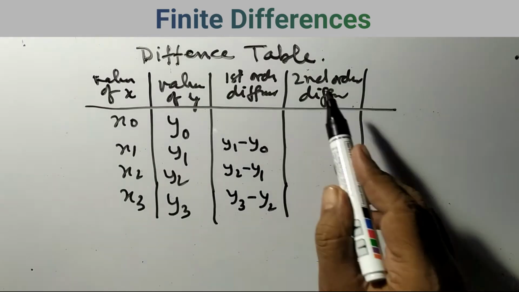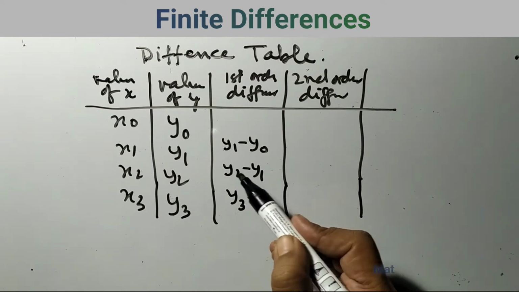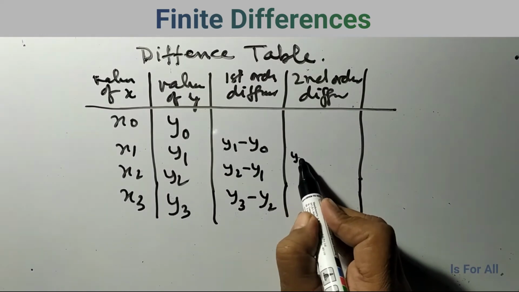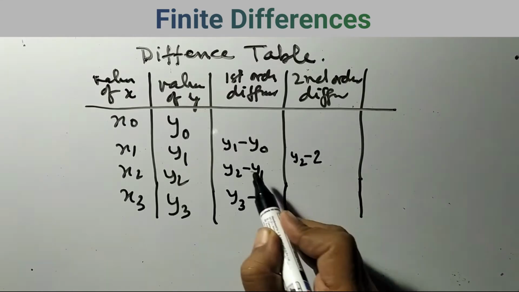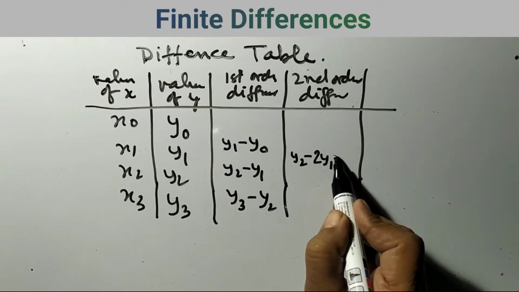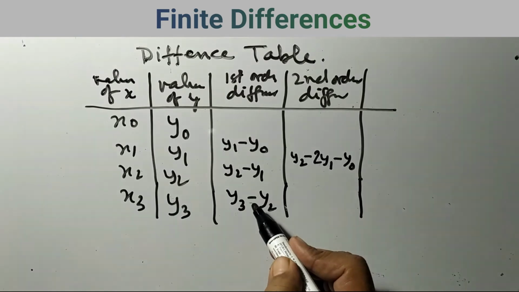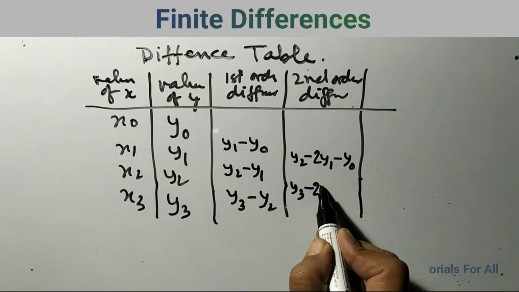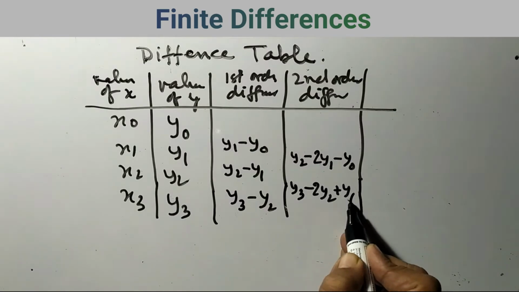Second order difference, that means y2 minus y1 minus (y1 minus y0), that means y2 minus 2y1 plus y0. And in this case, y3 minus y2 minus (y2 minus y1), that means y3 minus 2y2 plus y1.